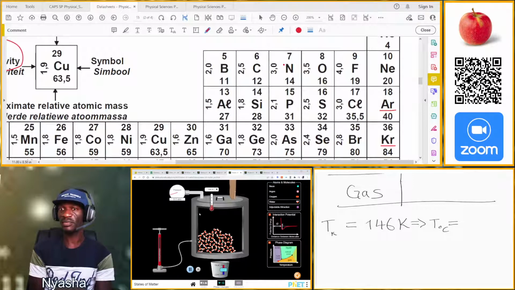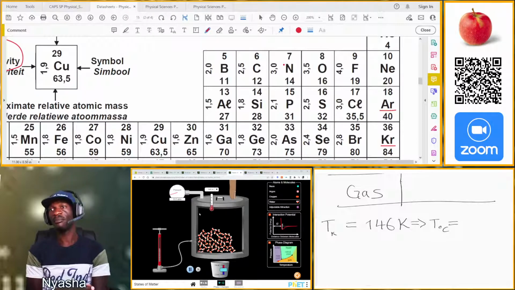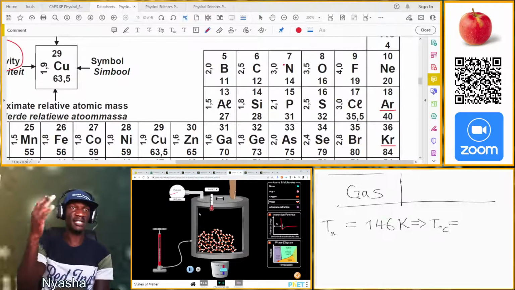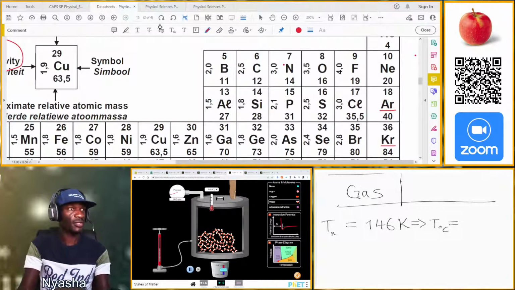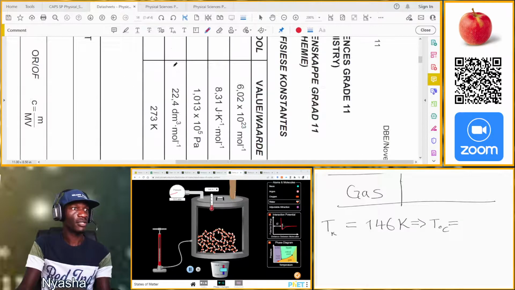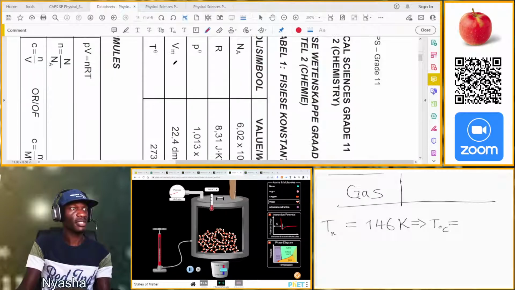As far as your temperatures are concerned, you know that, for example, the freezing or the boiling point of water have certain known values. So I think we also saw one of the values in here. It's the table of constants, right? Okay, standard temperature, there we have it.